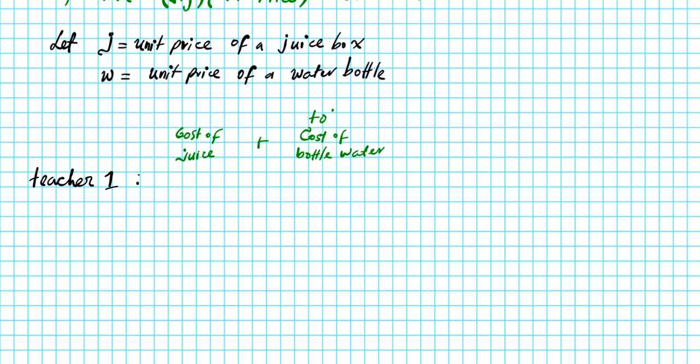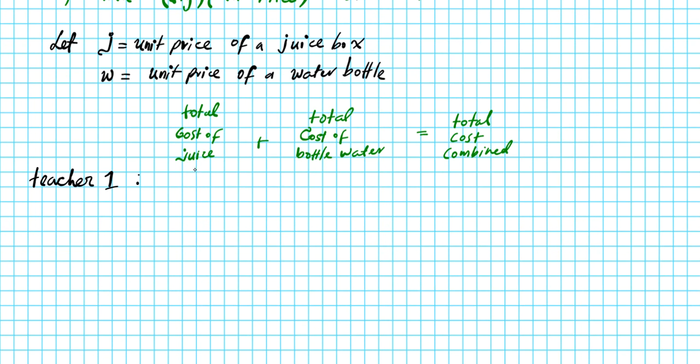Let's not forget the word total. Alright, when we add that together, that will be the total spent, the total cost combined for both juice and a bottle of water.